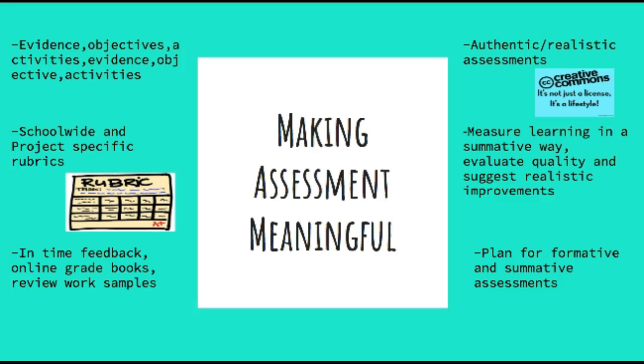So evidence, objective, activities. This was a circle and a cycle that the author discussed, making sure that your evidence, objective, and activities are always constantly moving around in a circle. This next part I thought was really interesting because they discussed school-wide and project-specific rubrics. I've always understood project-specific rubrics, but school-wide was a little intriguing to me.